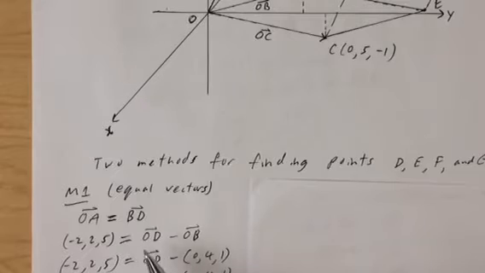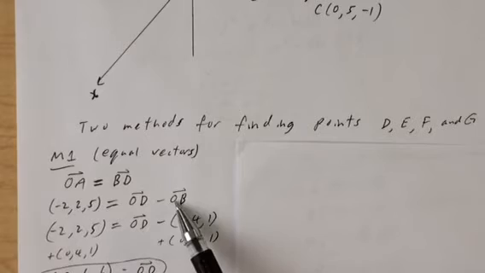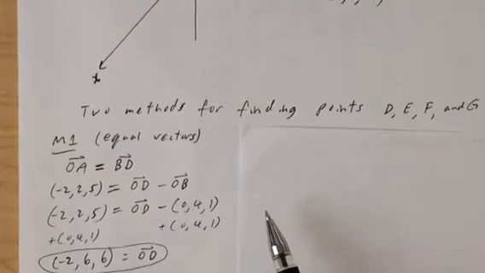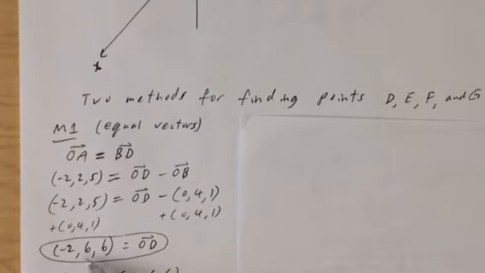BD is OD minus OB. That's our formula for a point-to-point vector. OD is what we don't know. OB is 0, 4, 1. So at this point, we want to get rid of this so that we can solve for OD. Add 0, 4, 1 to both sides, and you get OD equal to negative 2, 6, 6. Now OD is just a vector.